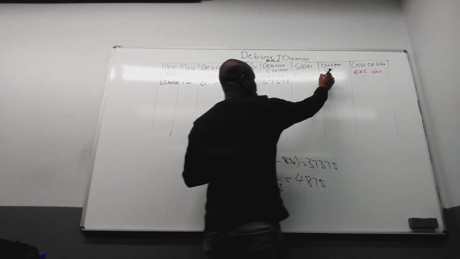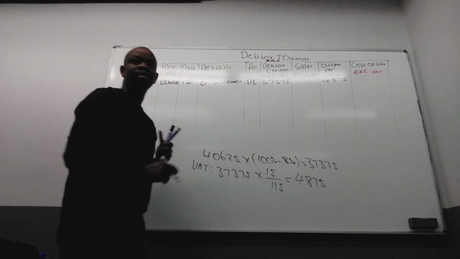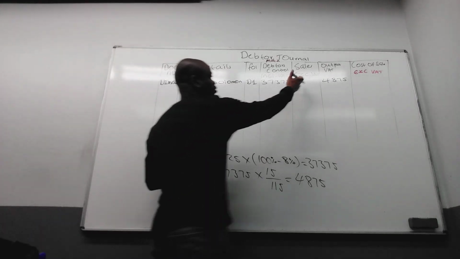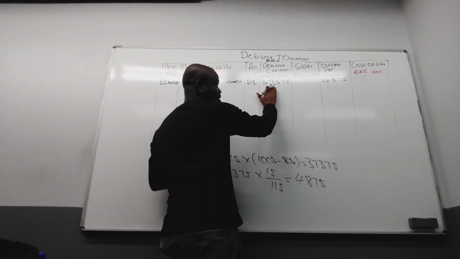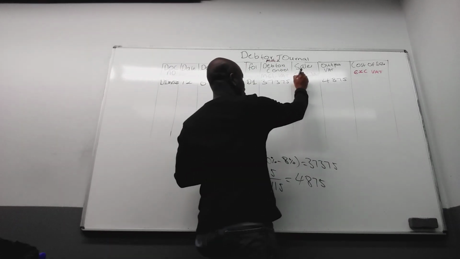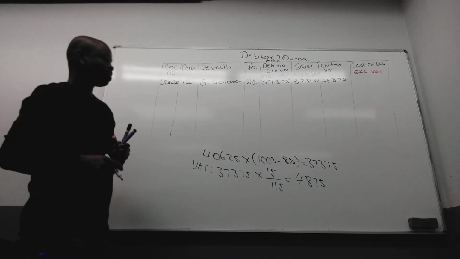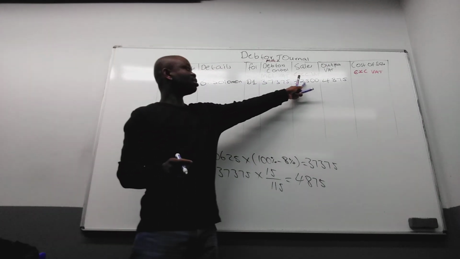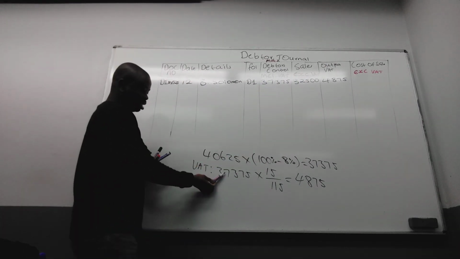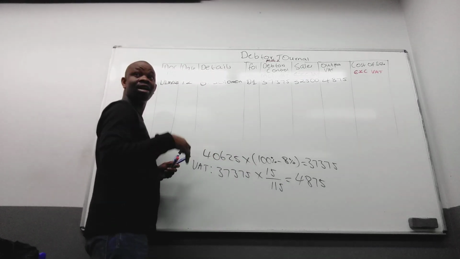So the VAT is 4,875. Okay. Now it's easier to find this one. This one minus that, you get 32,500. Can you see that? Yes. So if you wanted to find this first, you should have said 37,375 times 100 over 115.